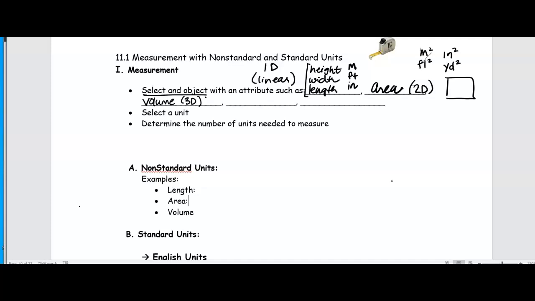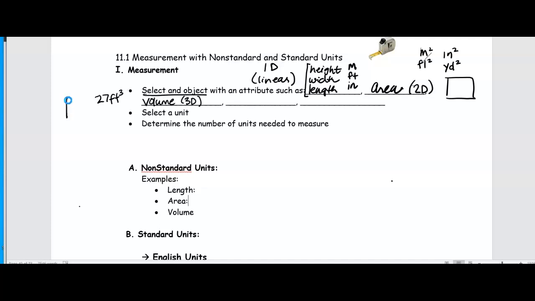For example, you're shopping for a refrigerator and they advertise that the refrigerator has a space of 27 cubic feet. That's an example of a unit of measurement. That's how you might see a refrigerator advertised, and it talks about how much space you could put inside that refrigerator.